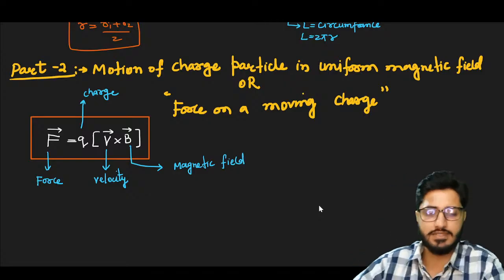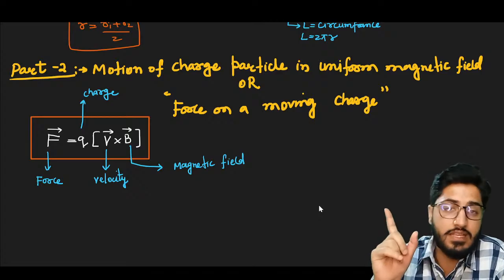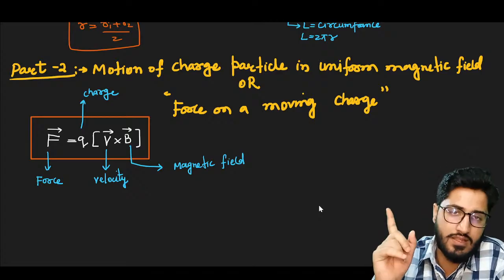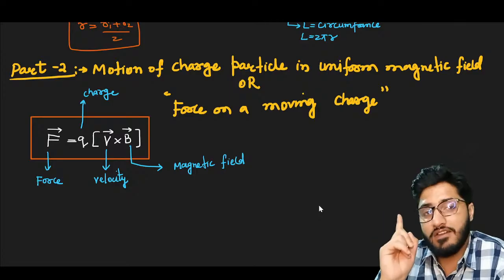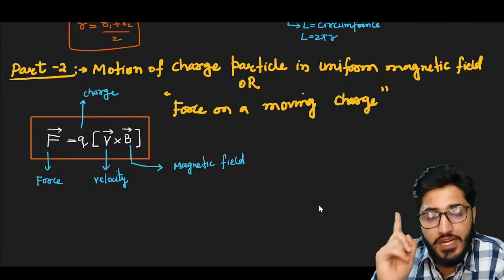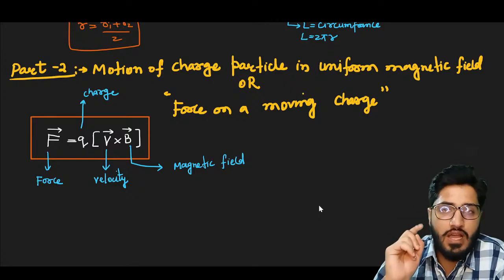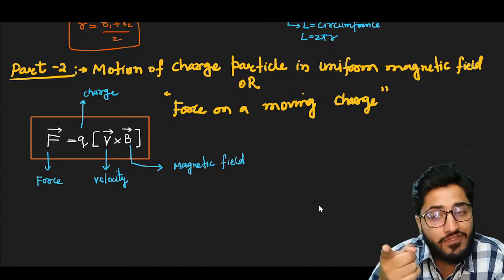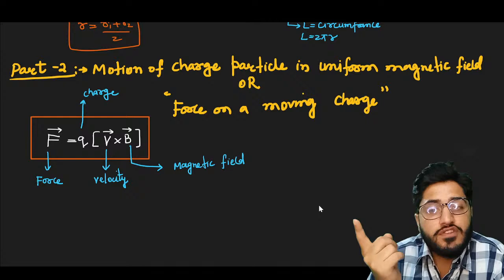It simply indicates that whenever my charged particle is traveling in a magnetic field, the charged particle will experience a force, magnetic force. To get the magnetic force direction, it is V cross B. To get its magnitude, it is V B sine theta.